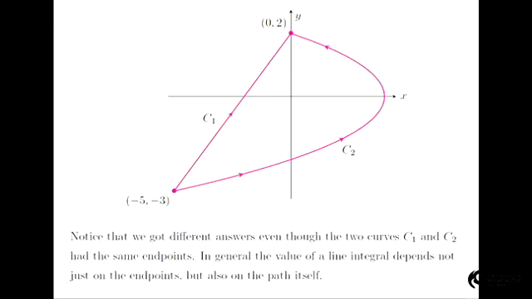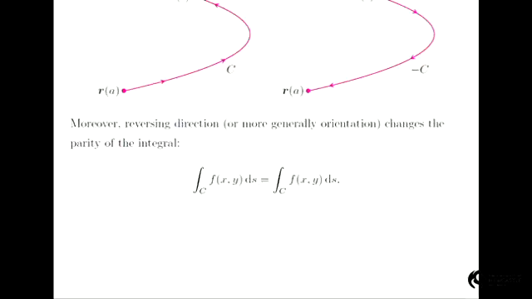If you imagine some surface and I draw some shape in R2, you wouldn't expect that curtain to have the same area as any other curtain that you could draw. You could go way further out here and make some loops if you want, but the areas are going to be different. So in general, the value of a line integral depends not just on the endpoints, but also on the path itself.